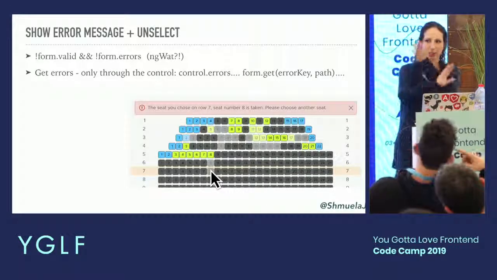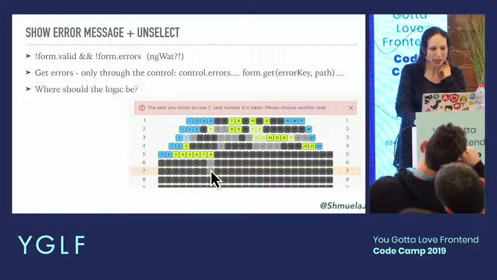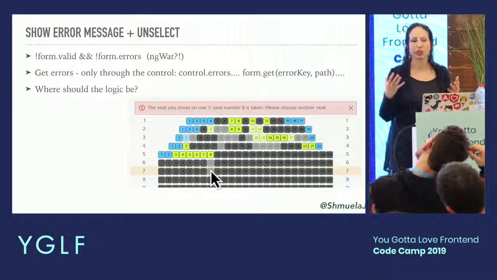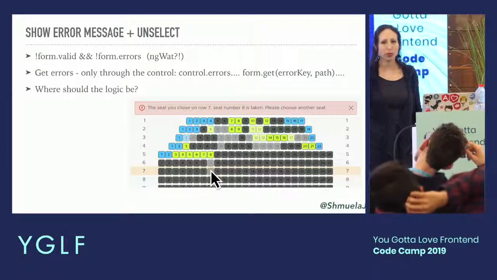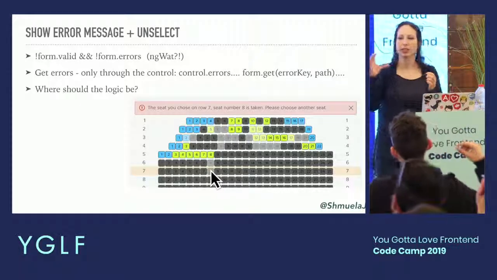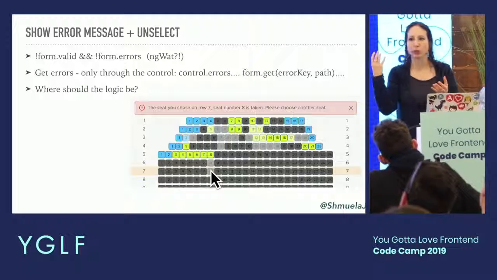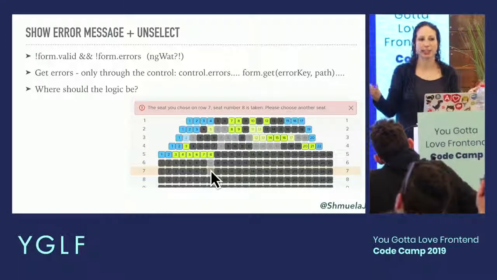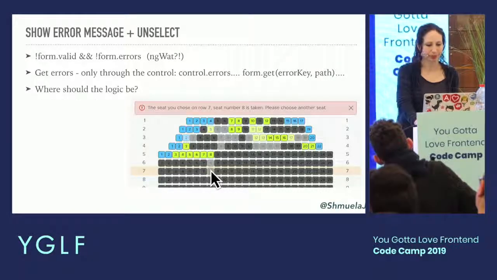Okay, so what are we doing here? So what would we do? So where should the logic be? Where do we have the data about which control, which seat the error came from? We have the data in the control itself.